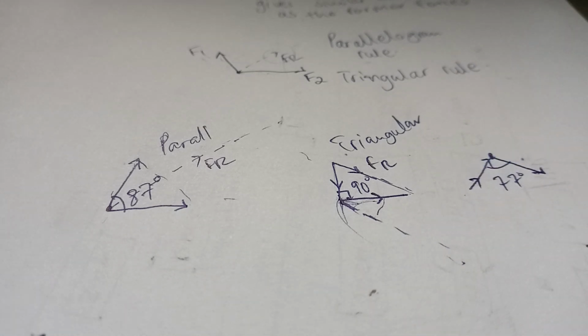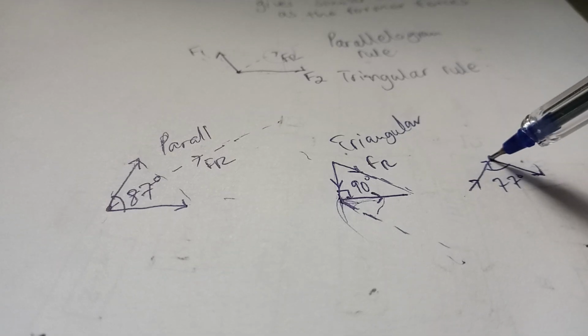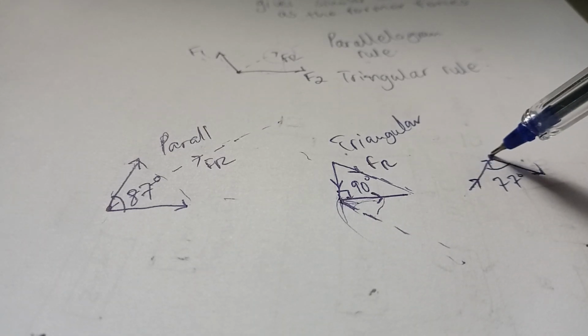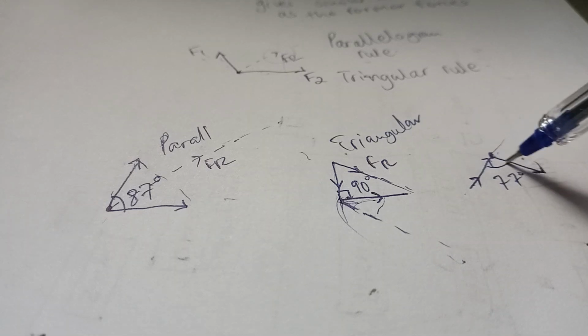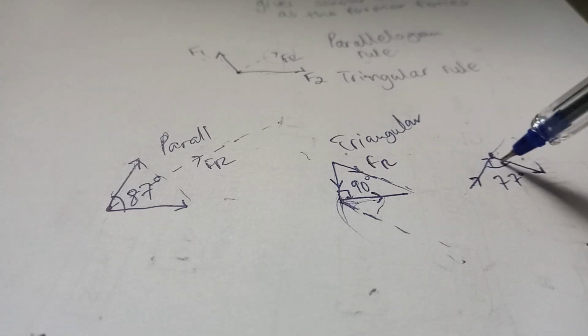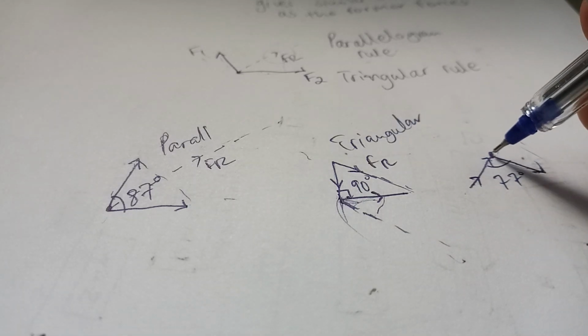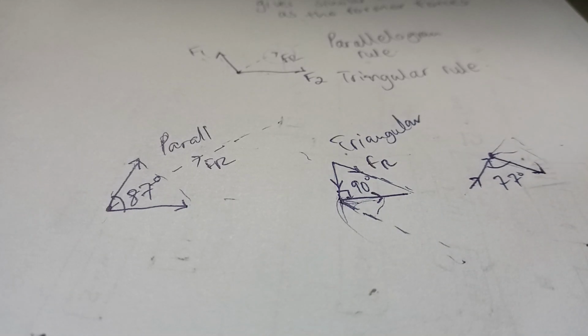What about this one? We have one force going in that direction and this one going in that direction. Imagine one body is pulling you towards this direction, and this one is pulling you towards this direction. So the net force means at the end you'll somehow move in that direction.